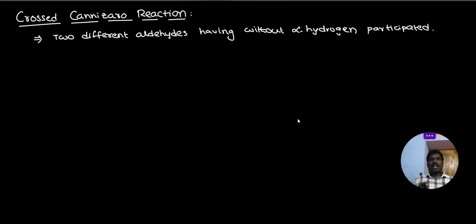Suppose there are two different aldehydes, one aldehyde without alpha hydrogen and another having alpha hydrogen. That is a crossed aldol condensation. Here, two different aldehydes both do not have alpha hydrogens, so they are involved in the crossed Cannizzaro reaction.